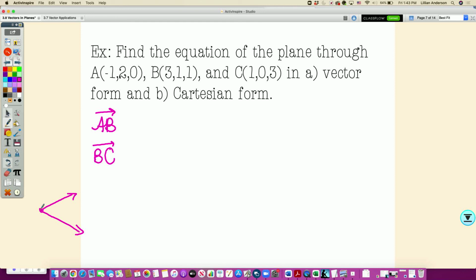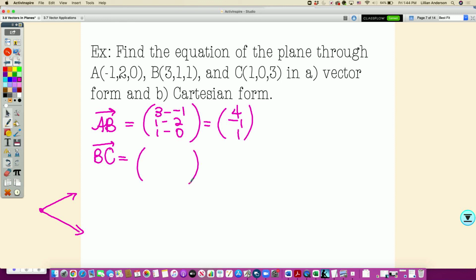How do I find vector AB? This is old. Subtract A from B, so that's going to be 3 minus negative 1, 1 minus 2, and 1 minus 0, which is 4, negative 1, 1. And then we're going to do the same thing to find BC.